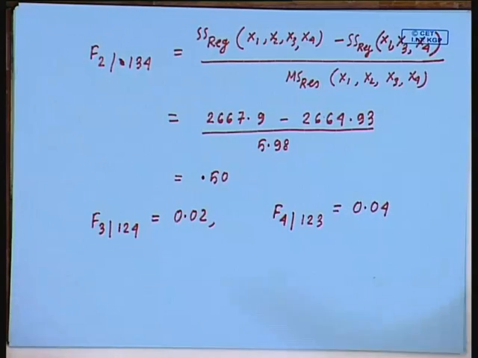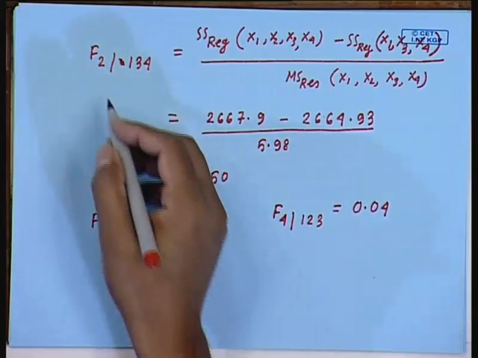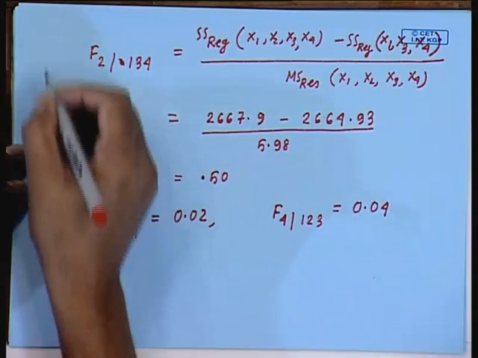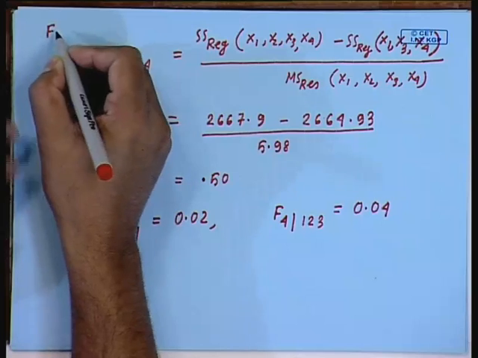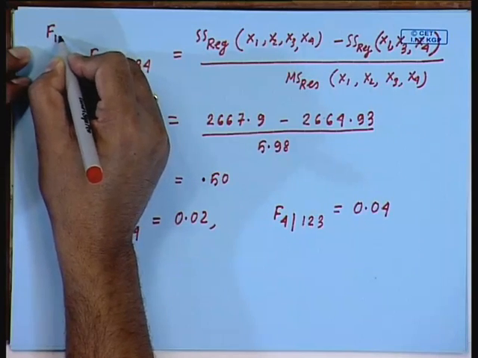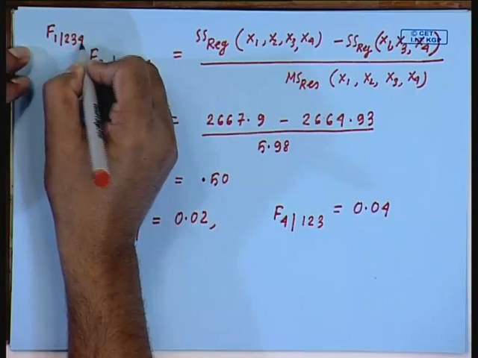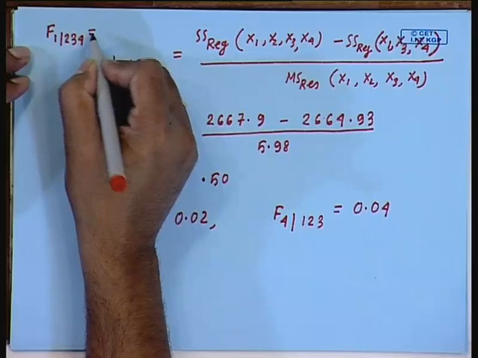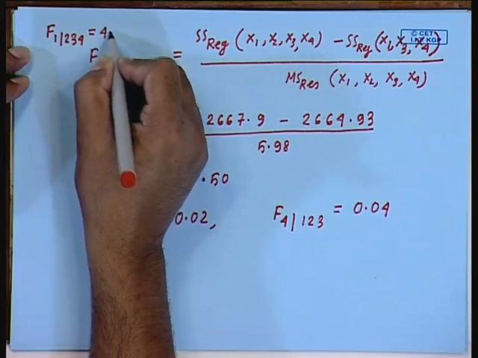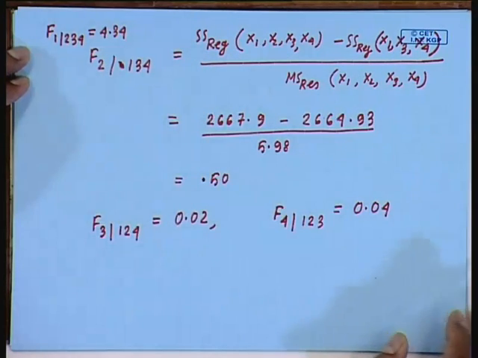So we have all the 4 partial F values. The first one, F1 given 2, 3, 4, that value was 4.34.